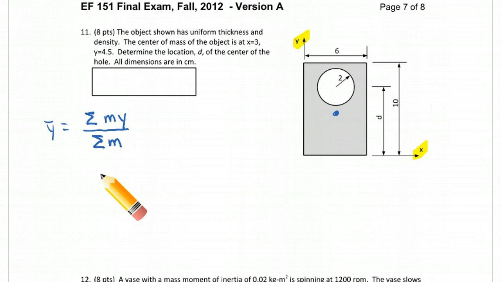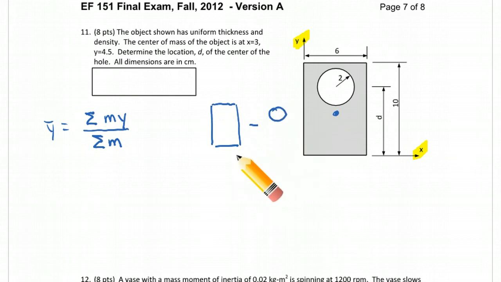It should be pretty obvious that you're going to break it down into a single large rectangle, minus this hole. So this is 6 and 10, so a 6 by 10 rectangle minus the 2 centimeter radius hole. We're given our y bar, so we know that value, 4.5.